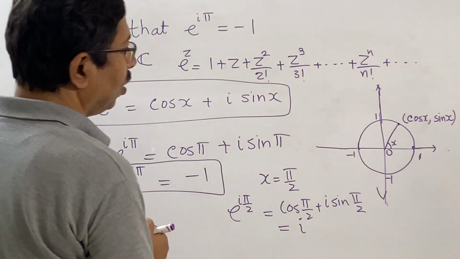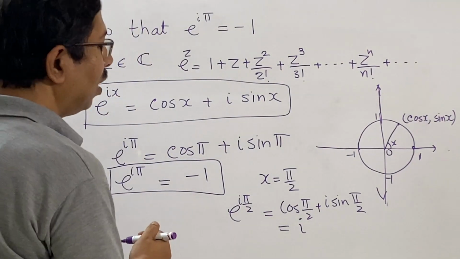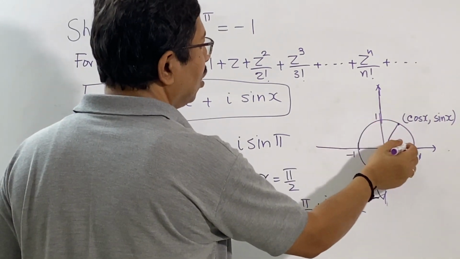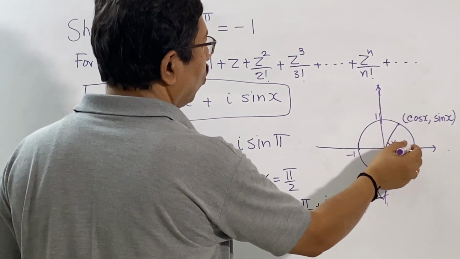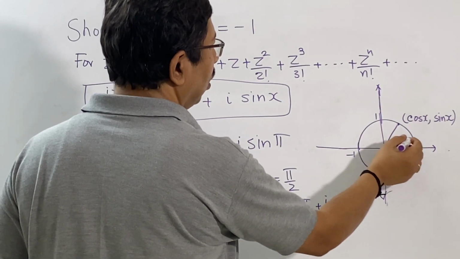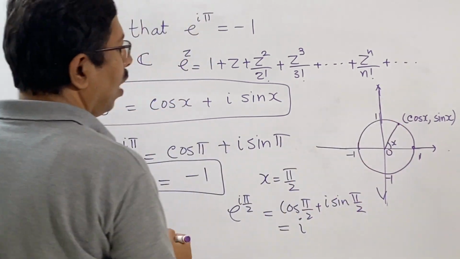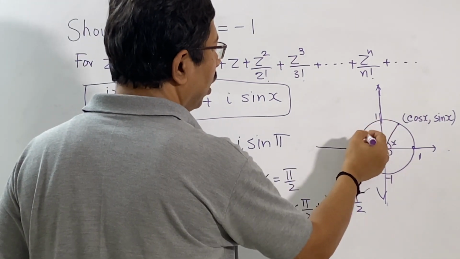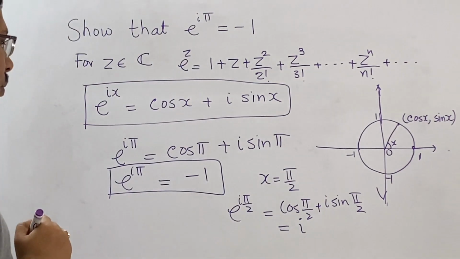And also note that we first can move by 90 degrees and move from 1 to i here, and again we can apply i to this point to come to minus 1.